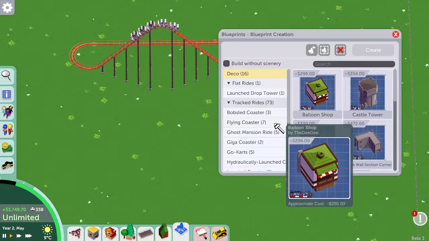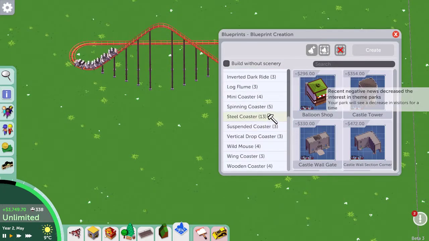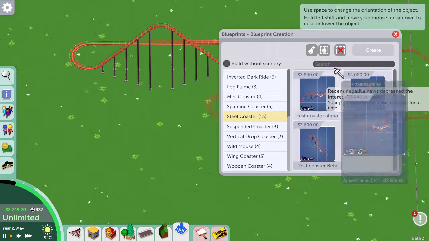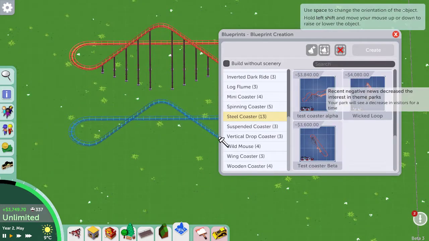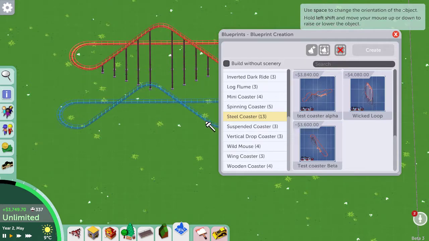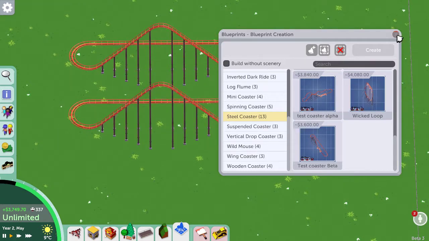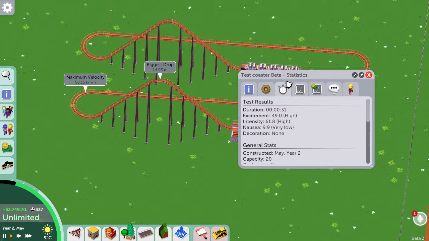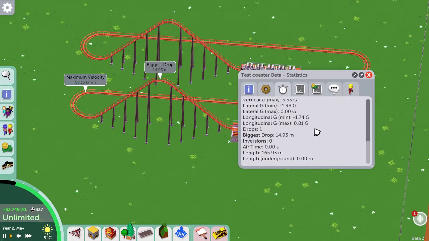Now, the next thing I'm going to do is actually work on G-forces. G-forces are basically an acceleration in a direction.